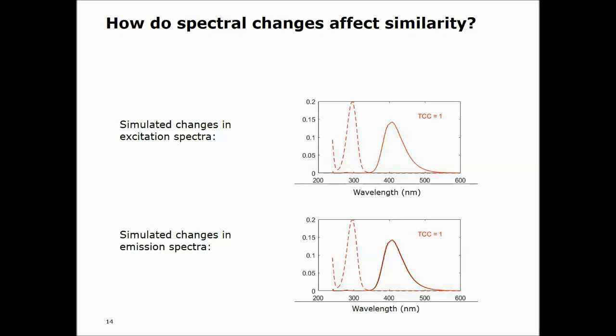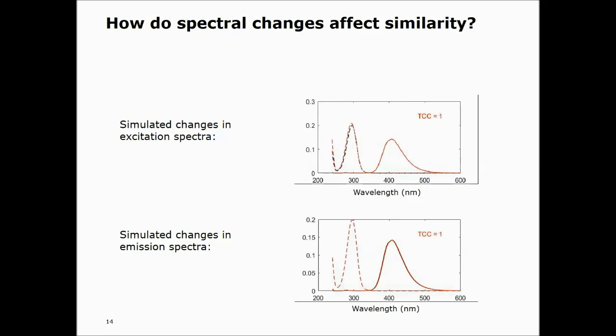So you're going to watch two curves here. The black curve that you can hardly see in the starting picture represents an unchanged component, and the red curve will change slightly to demonstrate how the Tucker congruence coefficient will slowly change as a function of the simulated spectral change. So first of all, in the top row, the excitation spectra changing.